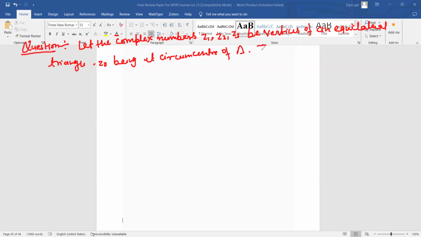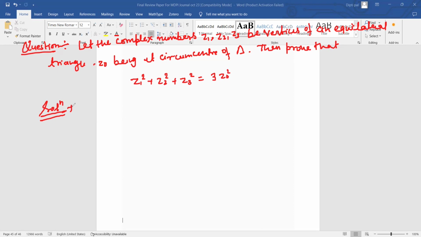Then prove that Z1 square plus Z2 square plus Z3 square equals 3 Z0 square. So just go to the solution.